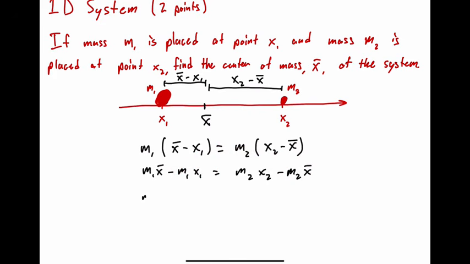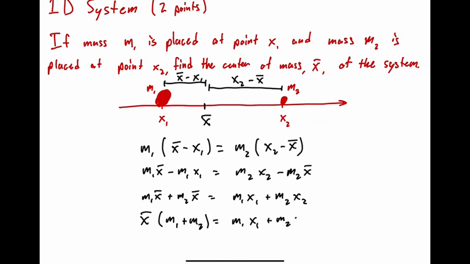If I do that, I have m1 x bar plus m2 x bar equals m1 times x1 plus m2 times x2. Now I'm going to factor out the x bar from both these terms. And this still equals m1 times x1 plus m2 times x2.